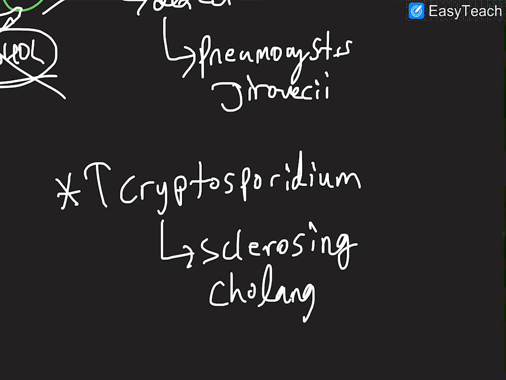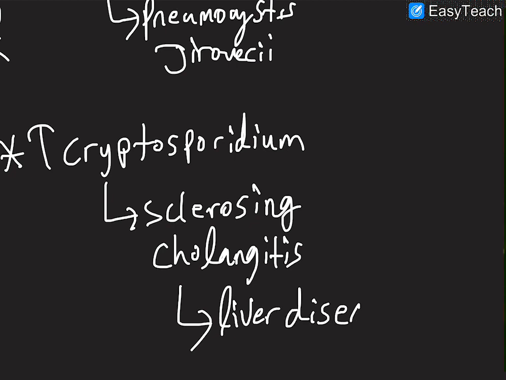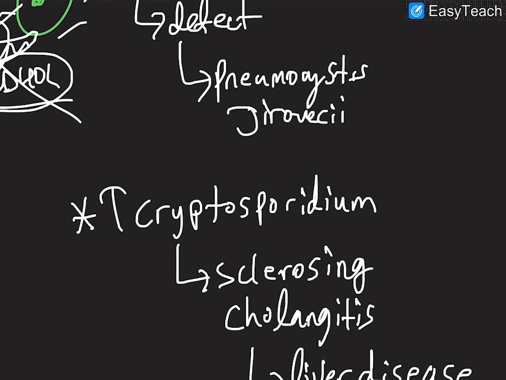And this isn't good because if you have fibrosis of your hepatic ducts in your liver, that's going to obstruct bile flow, which can lead to many symptoms that we'll talk about later when we talk about cirrhosis. And then this could lead to liver disease. So that's something to watch out for in patients with hyper-IgM syndrome.